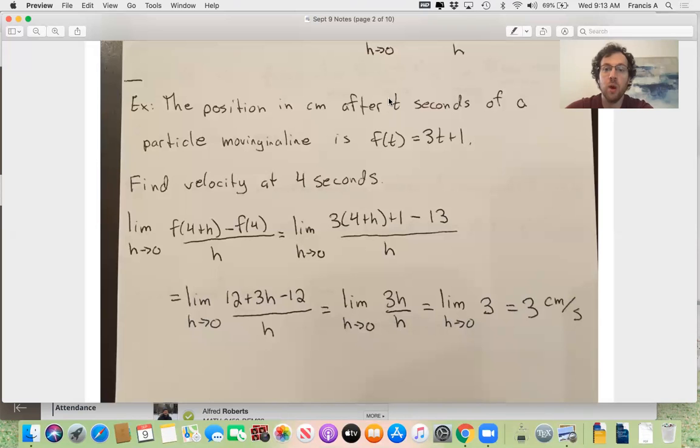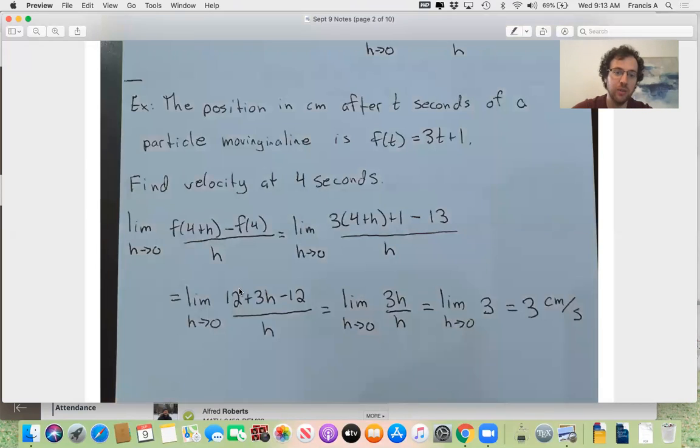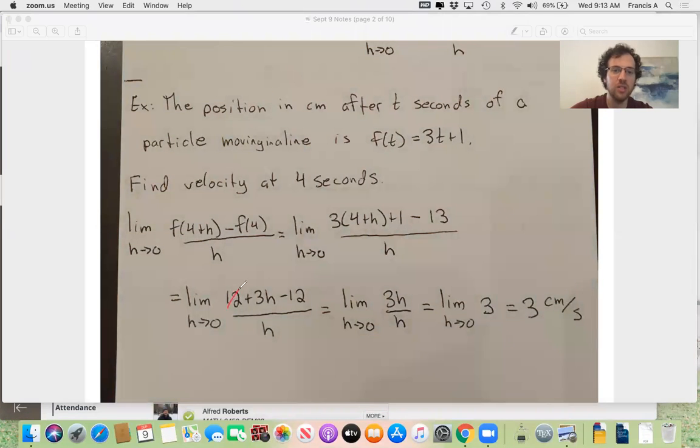And here's where what we expected to happen actually does happen. This 12 and this 12 can pair up and cancel out. And that's what you want to see. Things that don't have h's get paired up with something else that doesn't have an h, and they cancel by adding up to be 0.